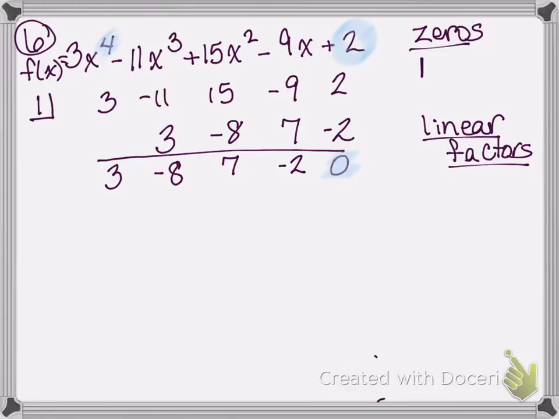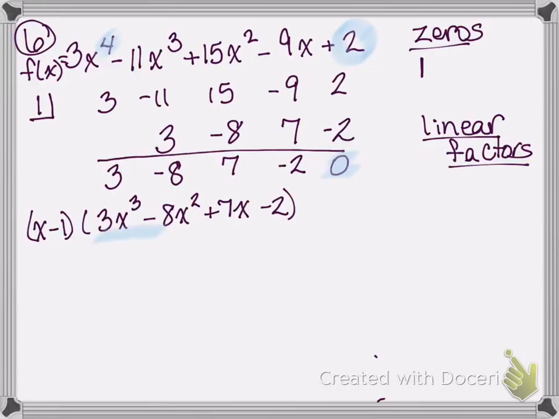So now, x minus 1 is a factor, and the other polynomial that we're left with is 3x to the third minus 8x squared plus 7x minus 2. So what I try to do next is I try to factor this. I look and see, is there anything in these two terms that I can take out?